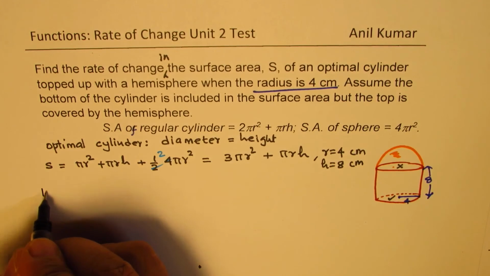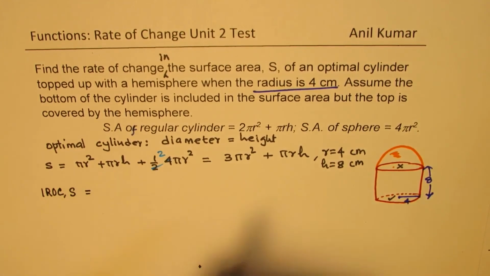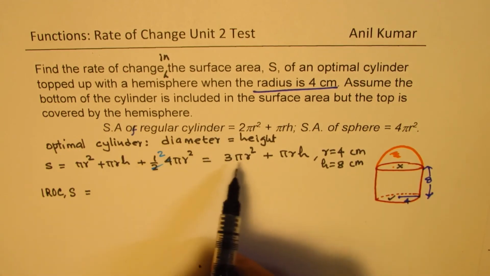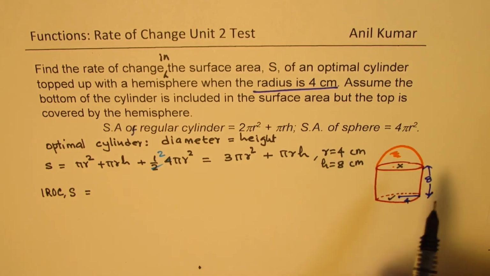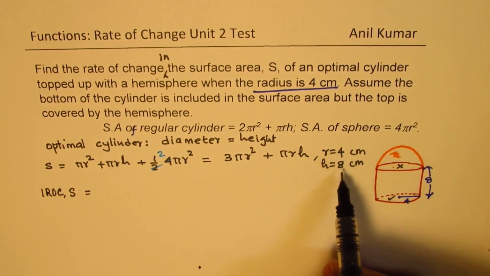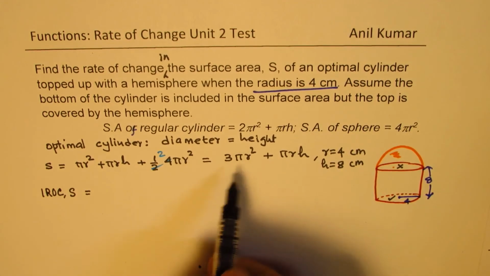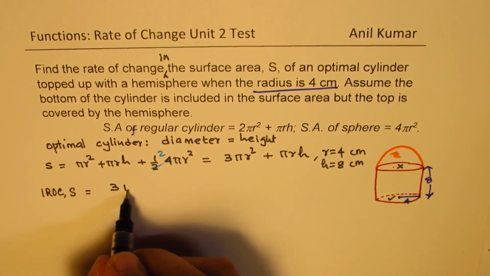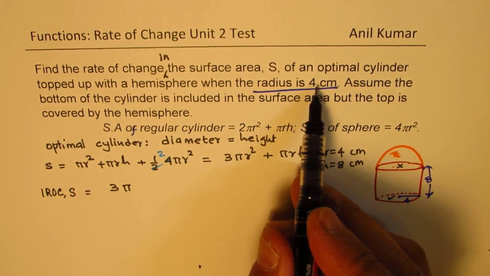So we'll have the instantaneous rate of change of S as equal to. In this particular formula, we'll use the value of r as 4 and we can write h as 8, which is twice r. So we have 3 times pi. We'll take the values 4 and 4.1.